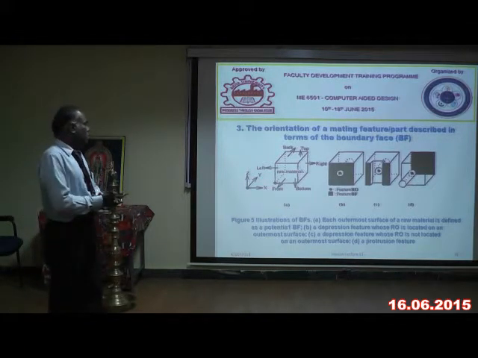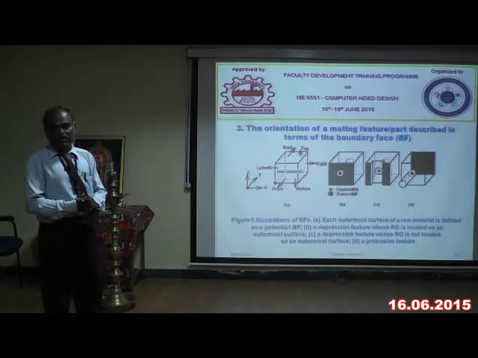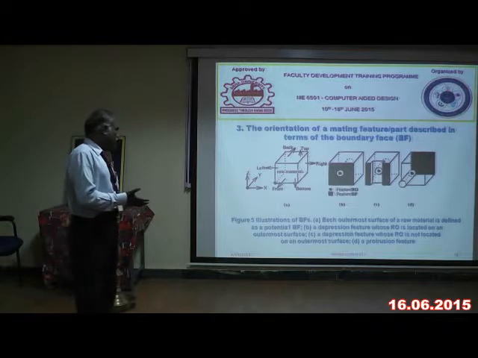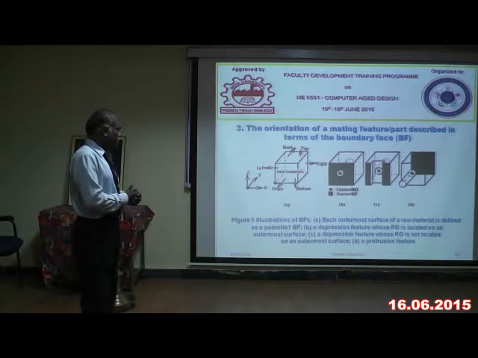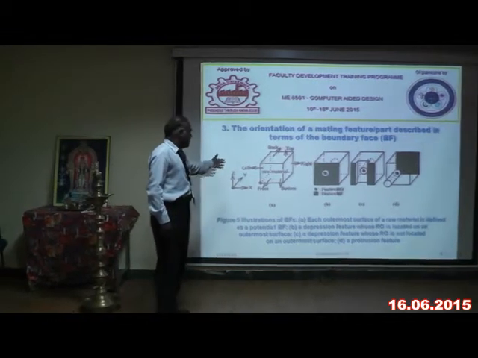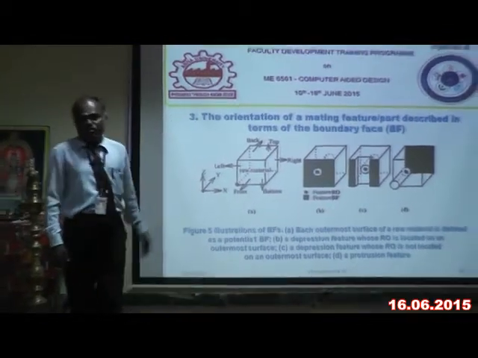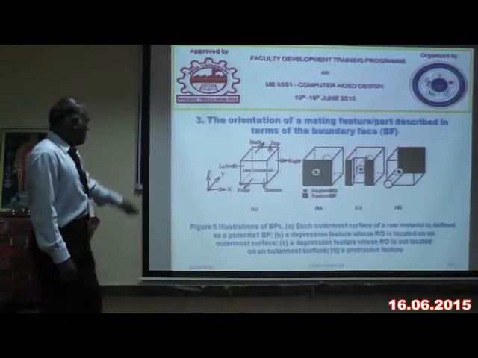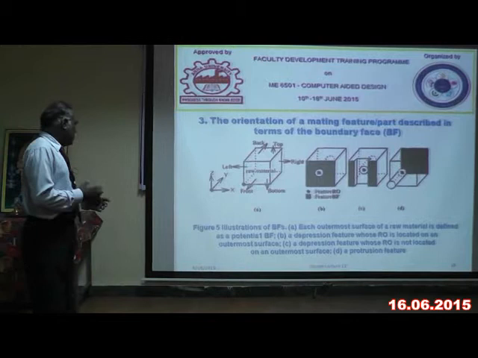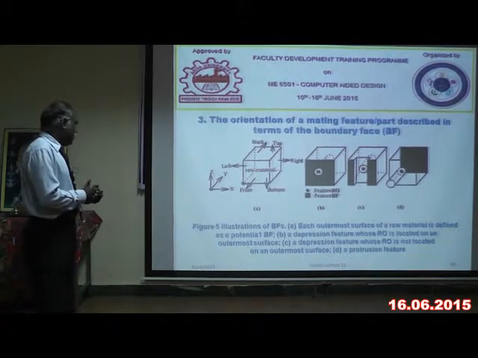Now we are going to boundary spaces. Here the diagram shows each outermost surface. Each outermost surface of the raw material has 6 faces: top, bottom, right, left, back and front, defined as the positional boundary face.